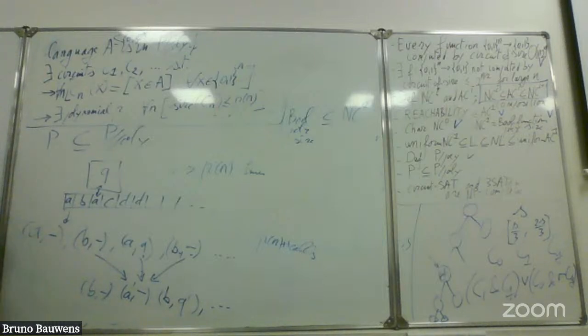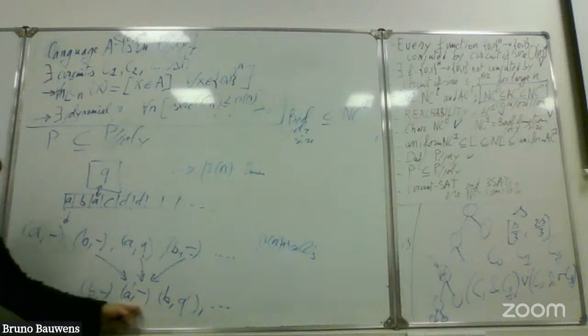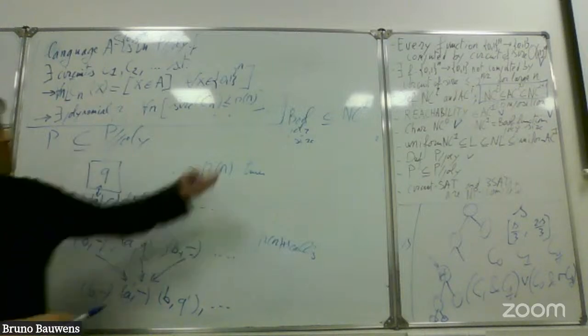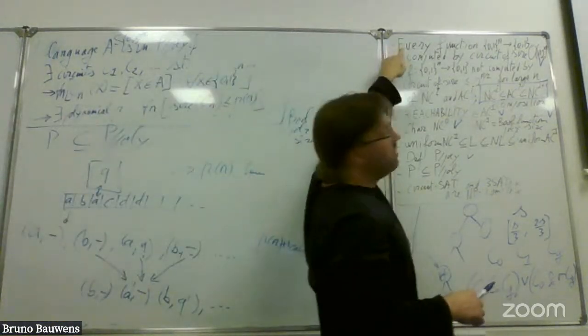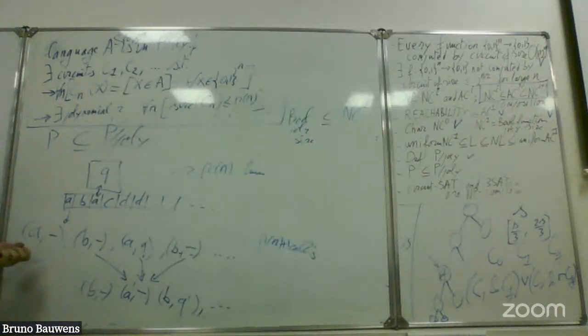We can code it as a binary string with any mapping, using constant length to encode each cell. So this can be viewed as a binary string, and still each bit of the output depends on only finitely many bits. And because of our first result, we know we can implement it with an NC0 circuit.